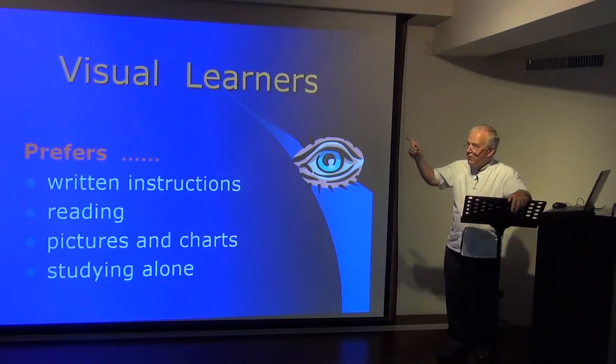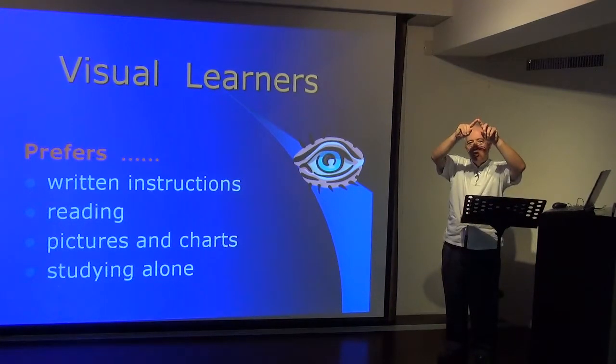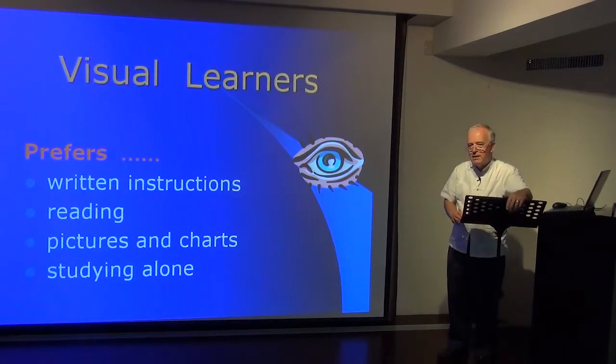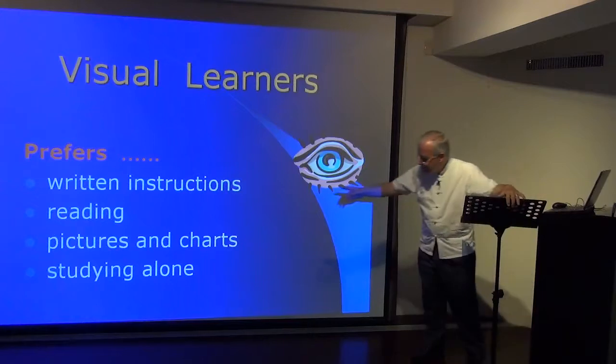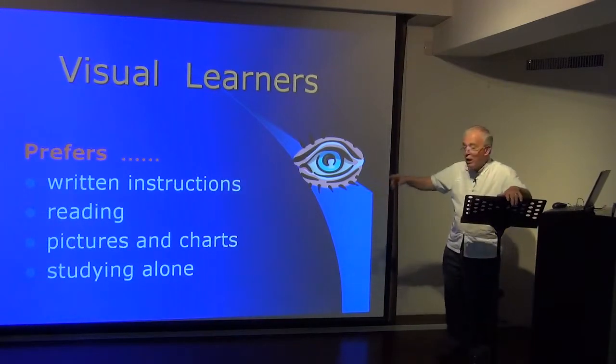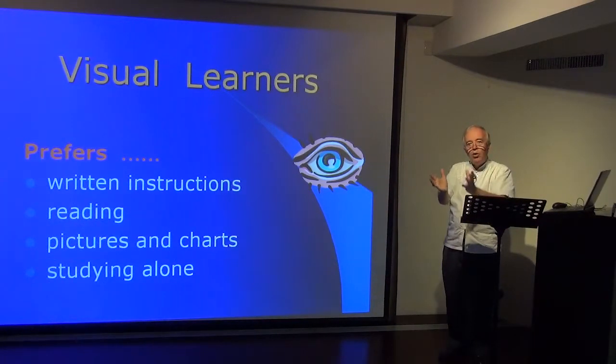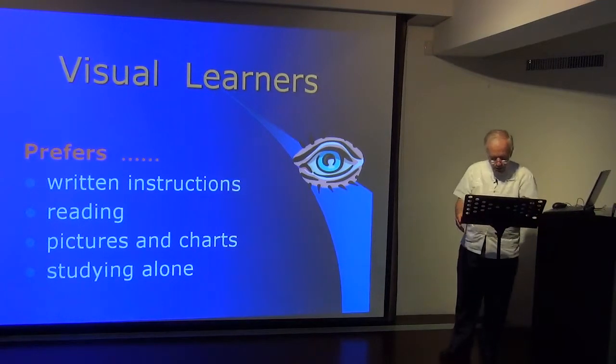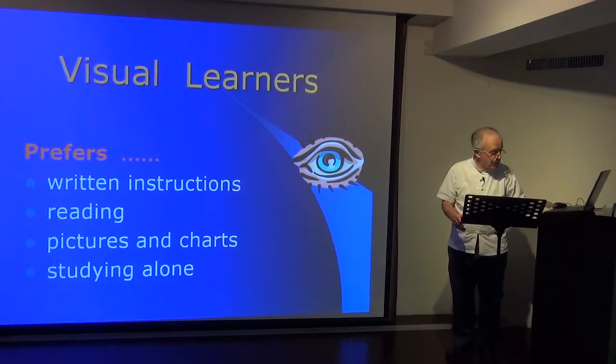But if the student is visual intuitive, what do they like to see in the instruction booklet? Yes, they like to see pictures and charts. They like to see the whole picture, as it were, in the manual. Okay, this is visual.